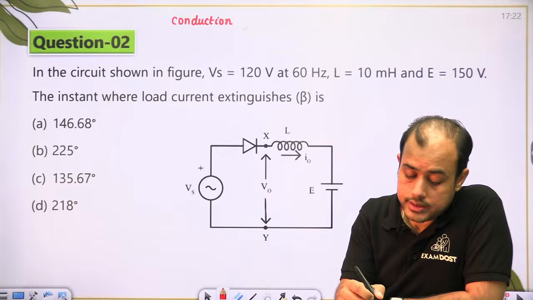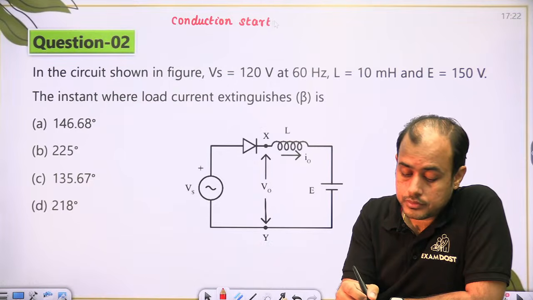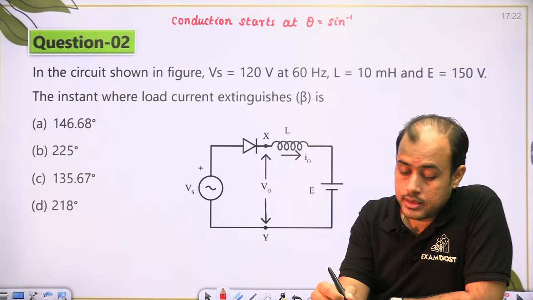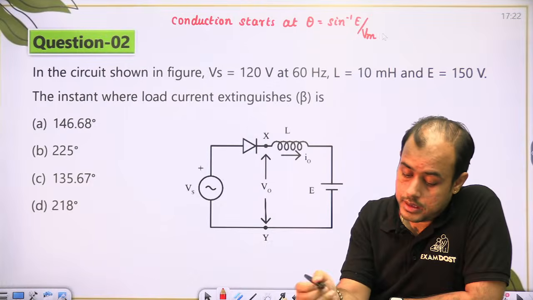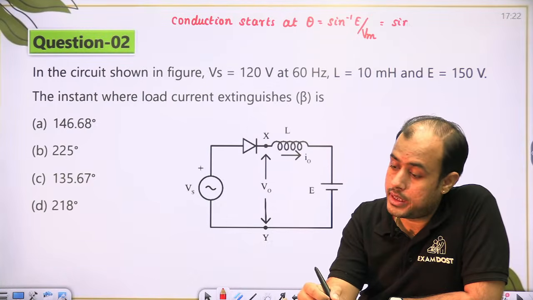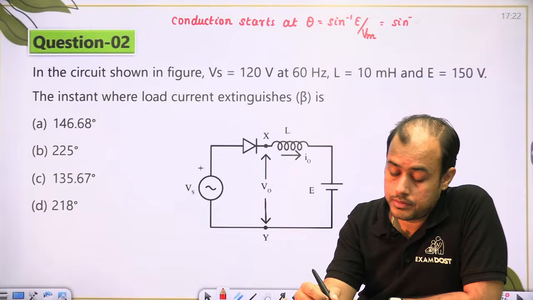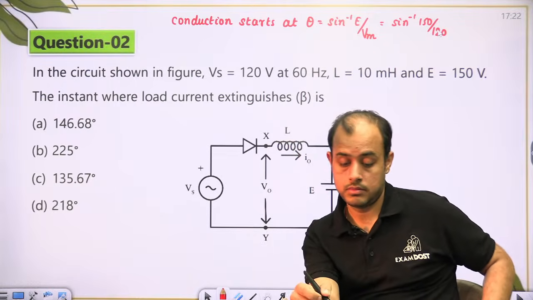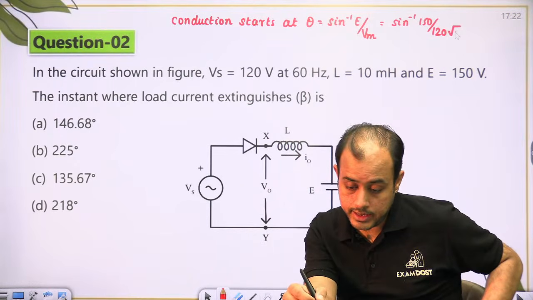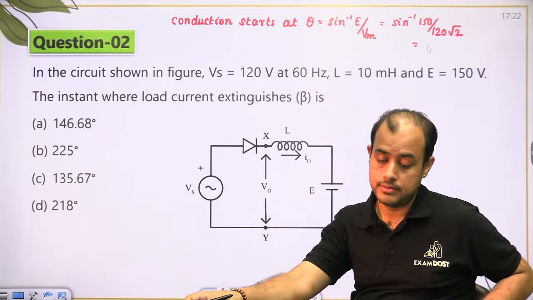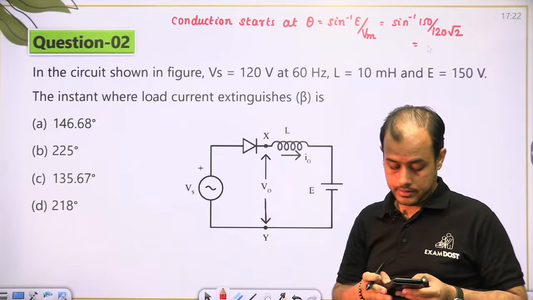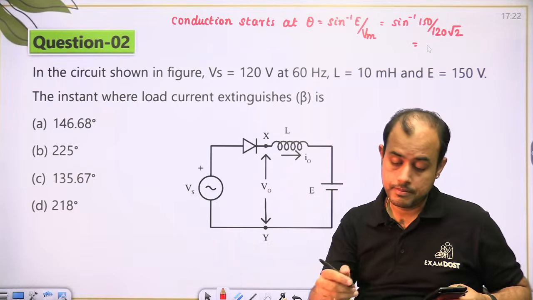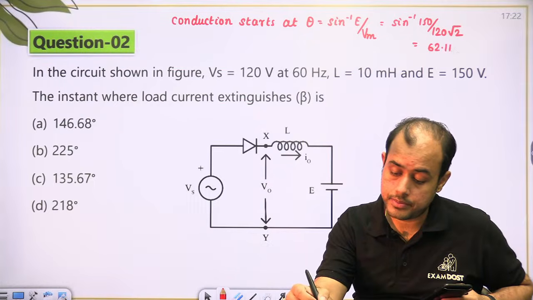Now beta, conduction starts at theta, sine inverse E by Vm. Now E is 150, Vm will be 120 root 2. (62.11 degree).